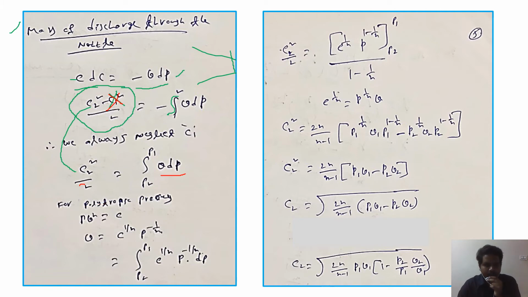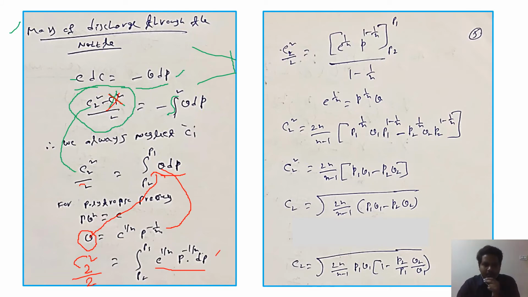Now when you substitute this V in this equation, we can write C2 square divided by 2 equals integral from P2 to P1. Here in place of V we have written C power 1 by n into P power minus 1 by n dP.